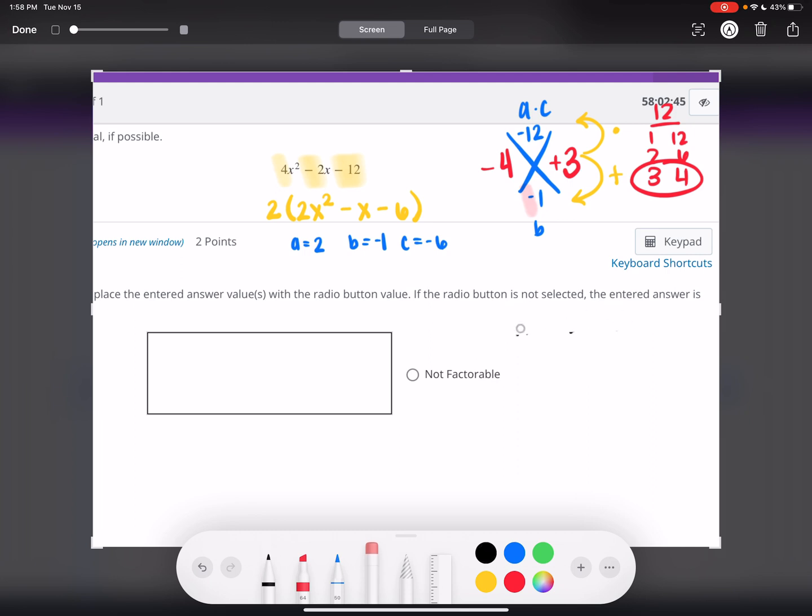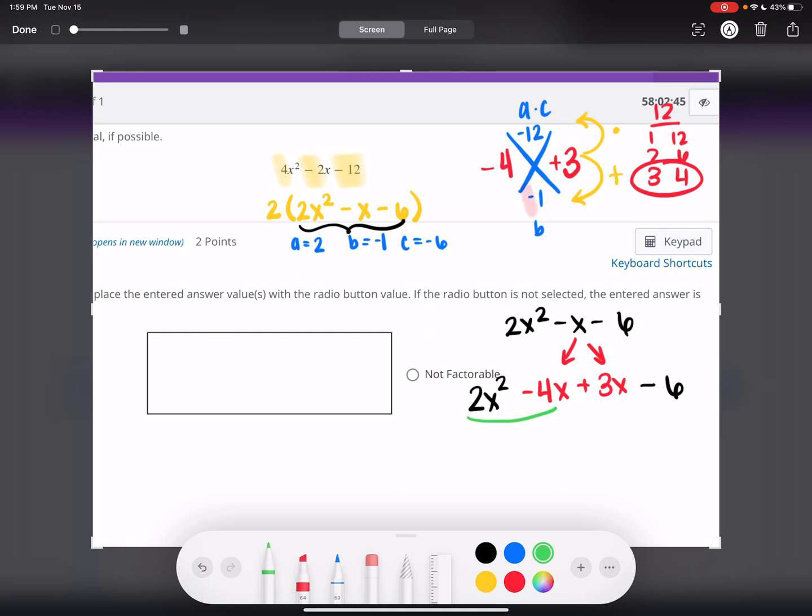And when you go to fill that in, you want to use the thing inside the parentheses. So I'm going to replace this with negative 4x and plus 3x. Carry everything else down. Go to my factor by grouping.